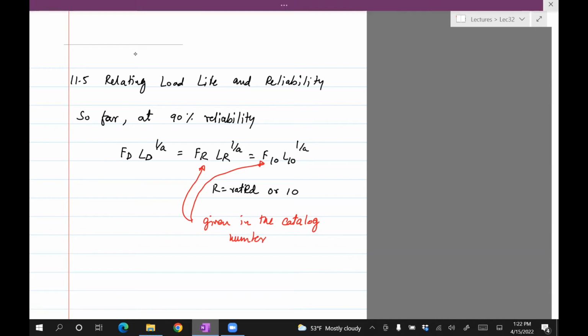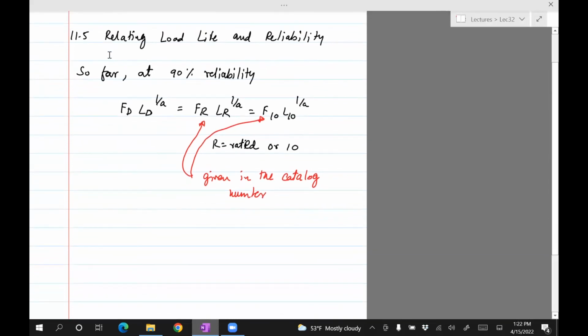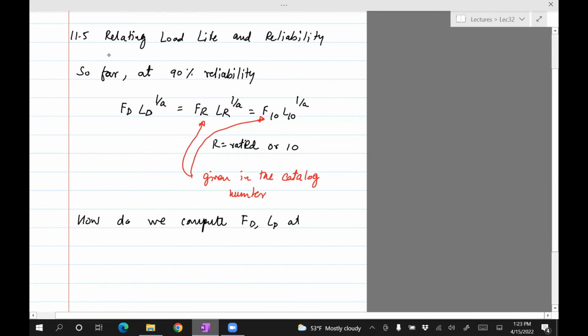Okay, now, as I said, the problem we are dealing with is that 90% reliability is not that great. What if you want to find the rated load or the life at 99% reliability, 95% reliability? So how do we compute FD LD at 95% or 99% reliability?